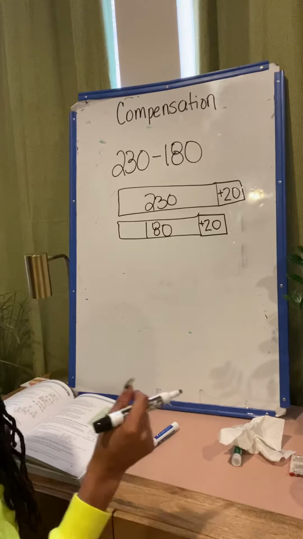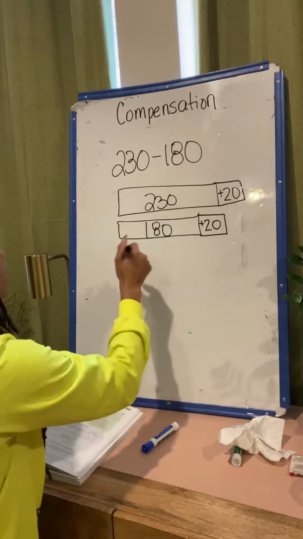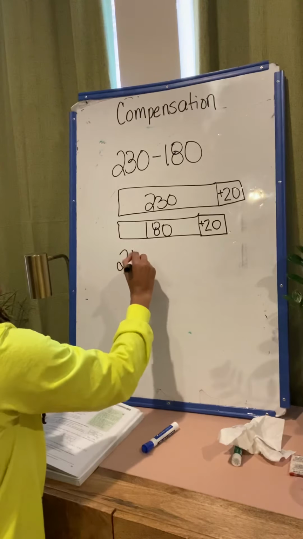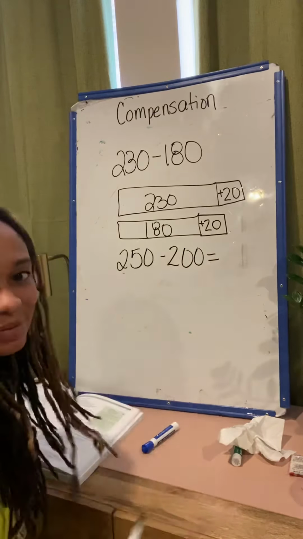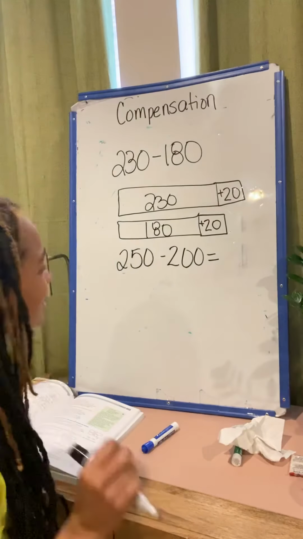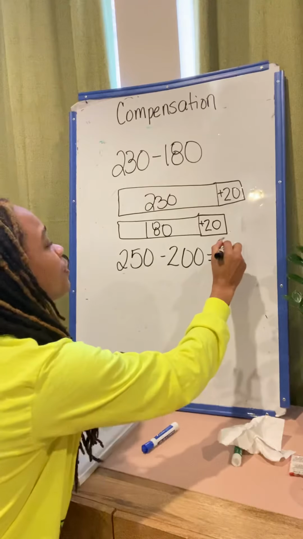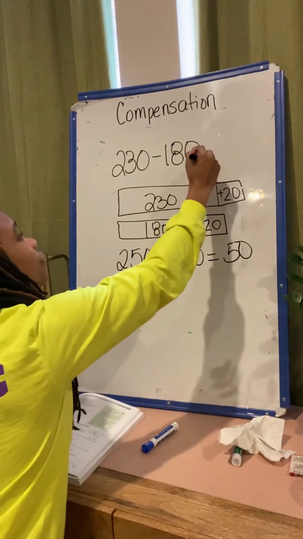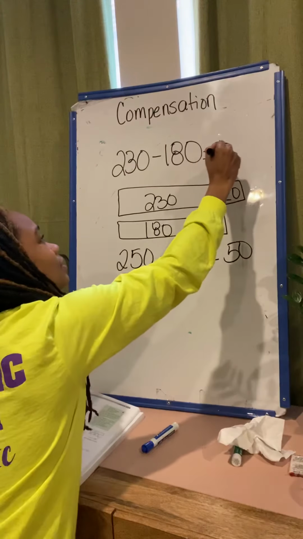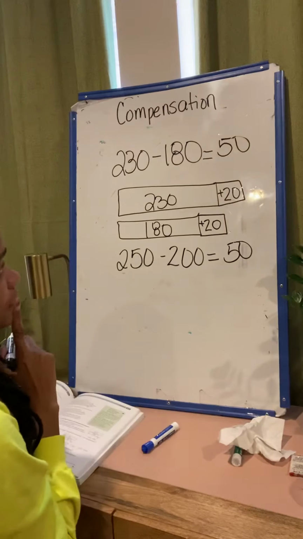So now when we do this to make the problem easier, we also create a new number sentence. So instead of 230, we have 250 minus 200. The problem that you just solved mentally in your head, and we all know we figured that out fast, it was 50. So therefore, 230 minus 180 equals 50.